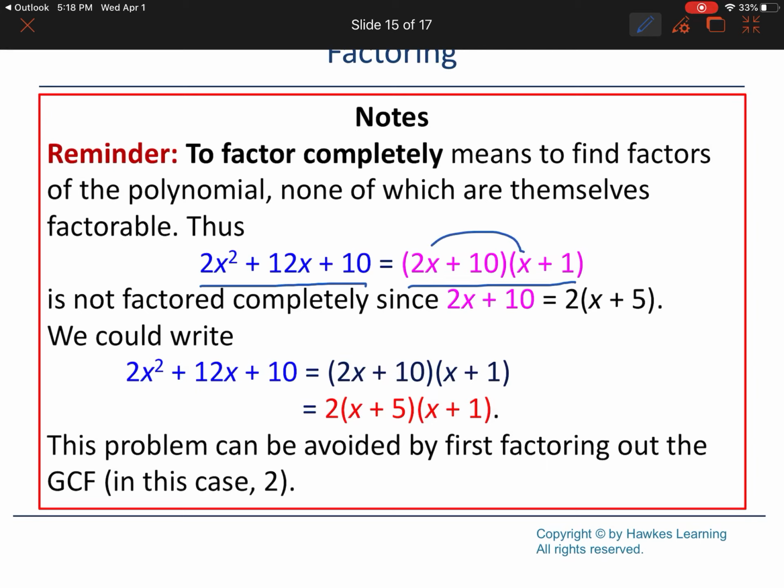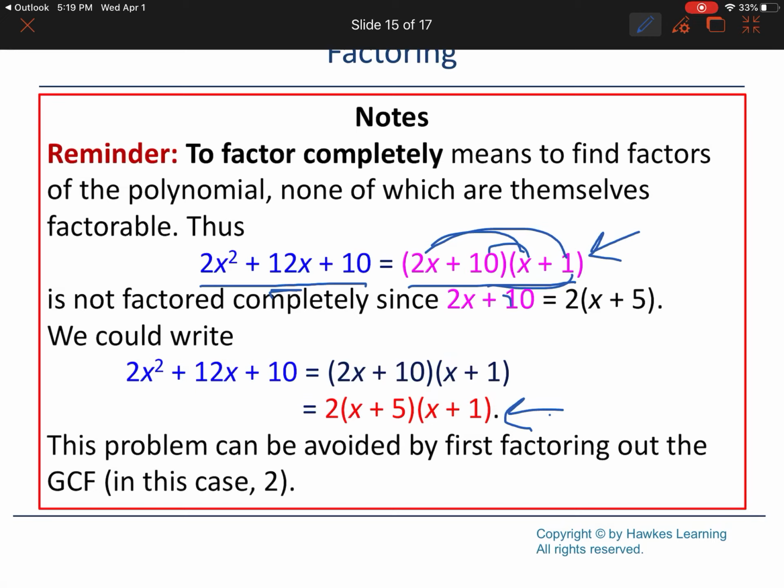If you multiplied this out, we'd get 2x squared, and we'd get 2x and 10x, that'd be 12x, and we'd get 10, and that's great. But 2x plus 10 has a common factor. It's equal to 2 times x plus 5. So this is not completely factored, right? In order to be completely factored, you have to go all the way to this.